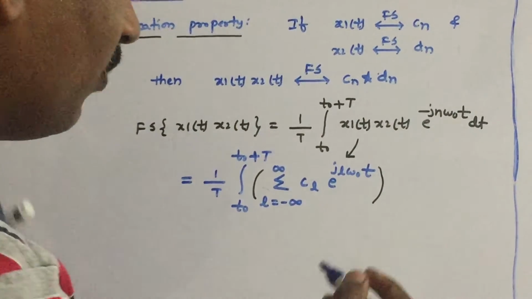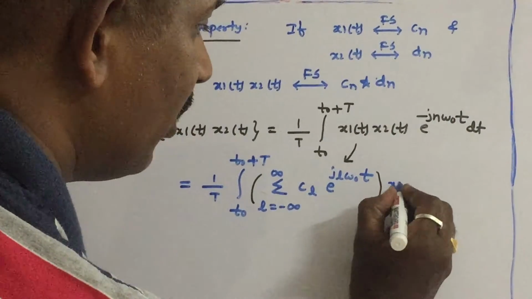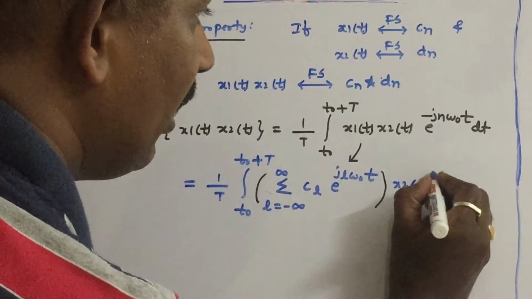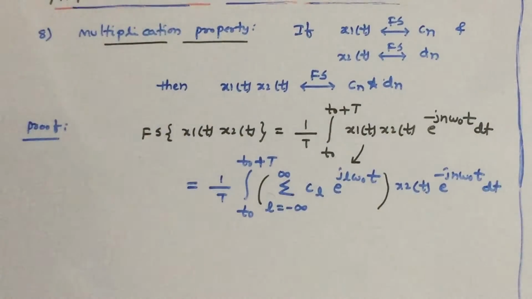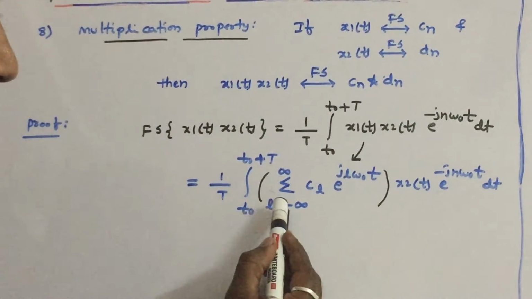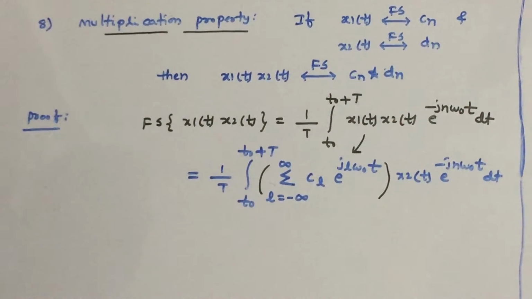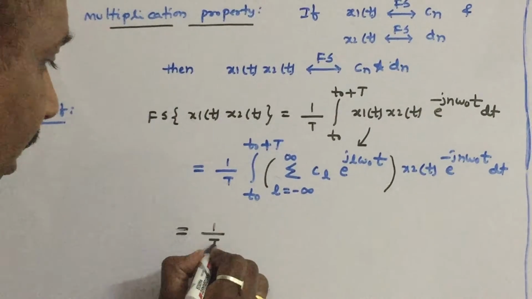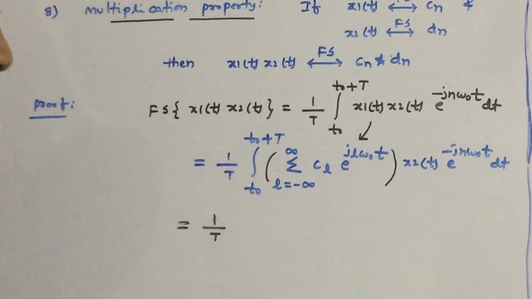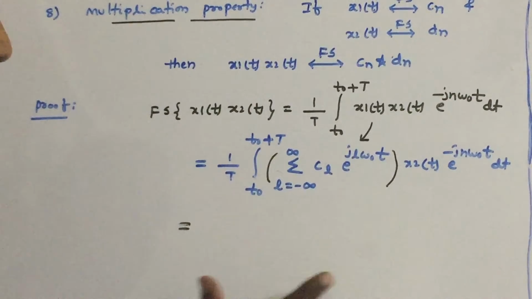And what is the rest of the term? The rest of the term is x2 of t into e power minus j n omega naught t dt. Just write the summation CL outside. So therefore 1 by T, first write the summation outside.